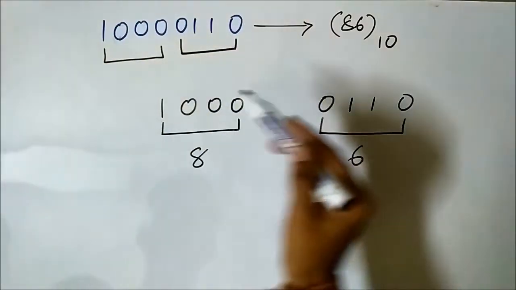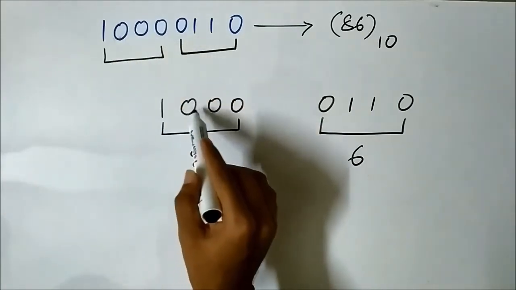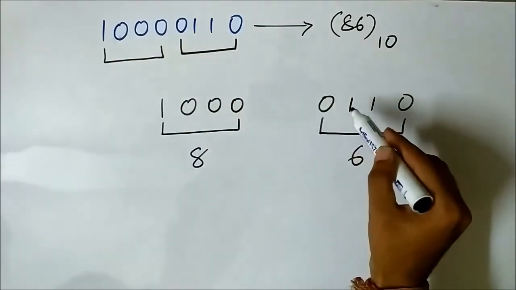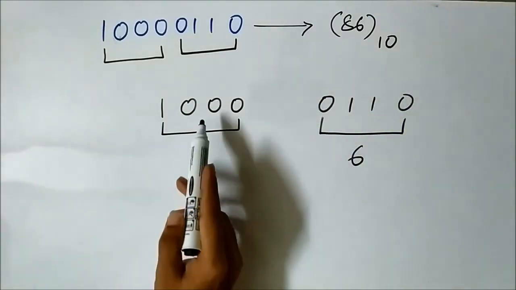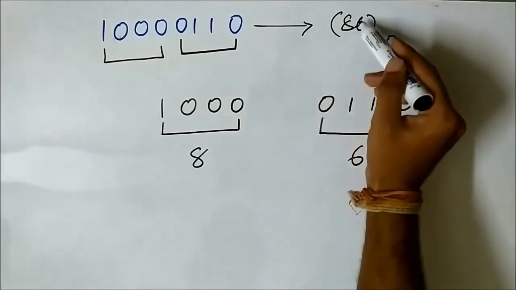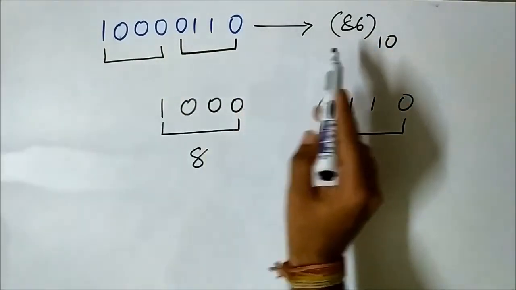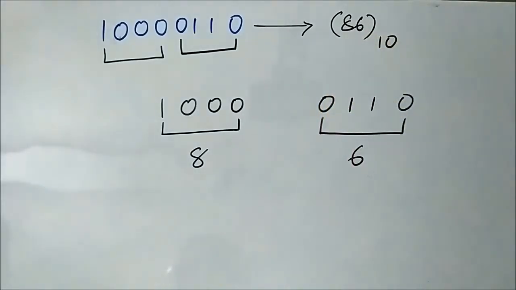Then write each of the 4-bit groupings separately. We wrote 1 0 0 0 separately and 0 1 1 0 separately. Then we converted each of the 4-bit binary numbers into their equivalent decimal form and combined them together: 86. So it's actually the BCD code for decimal 86.